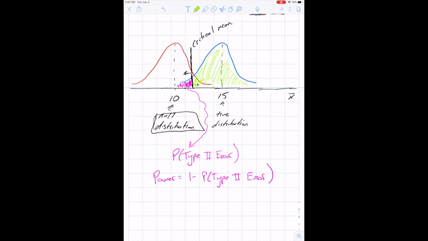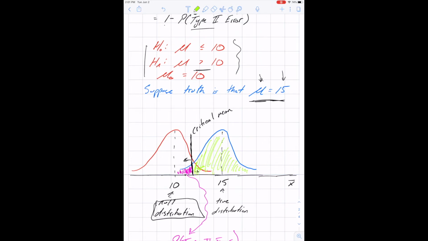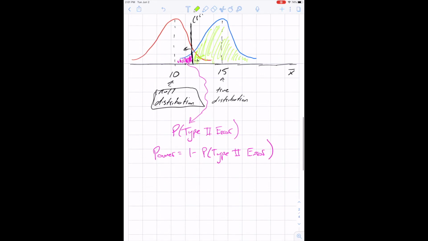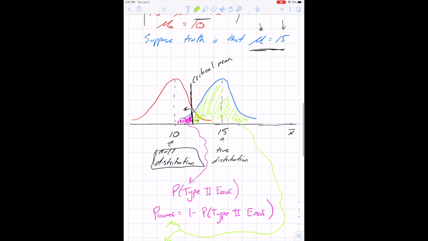And if we land in that area, we'll reject the null hypothesis. We will not make a type 2 error. And so this area right here represents the power of the test. So you can always take your true distribution and divide its areas between the probability of a type 2 error and the power of the test.